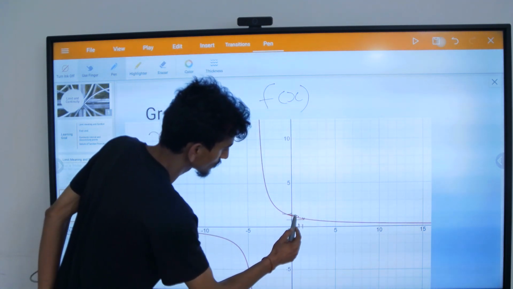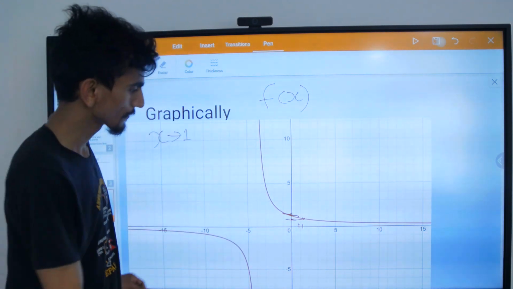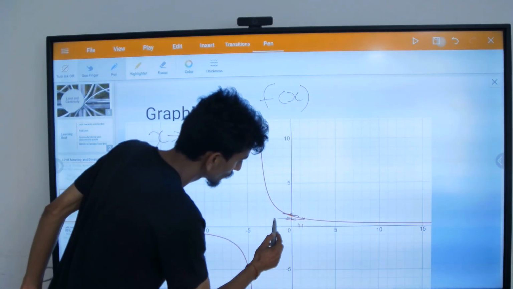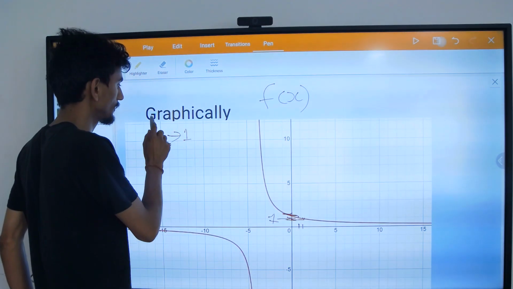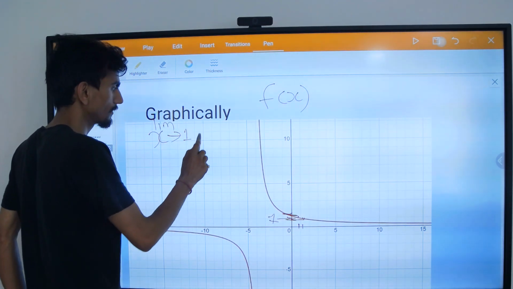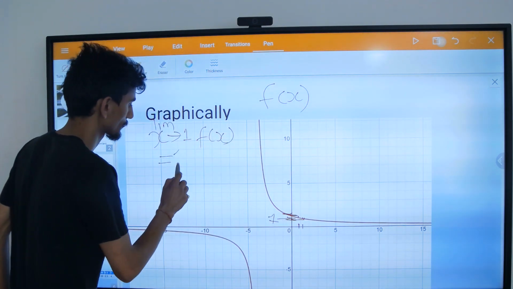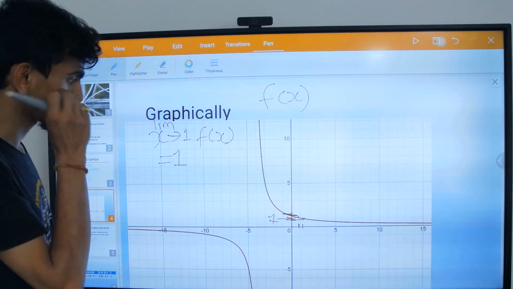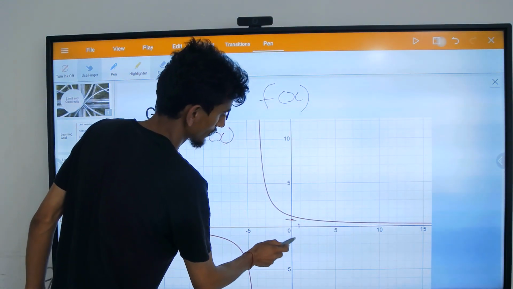If you see these two values, they are very close to 1. So we can say when x tends to 1, limit of f(x) is equal to 1.